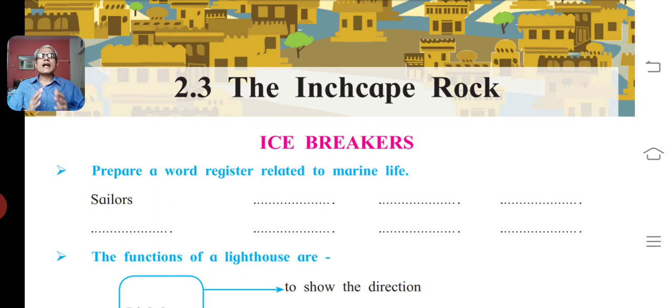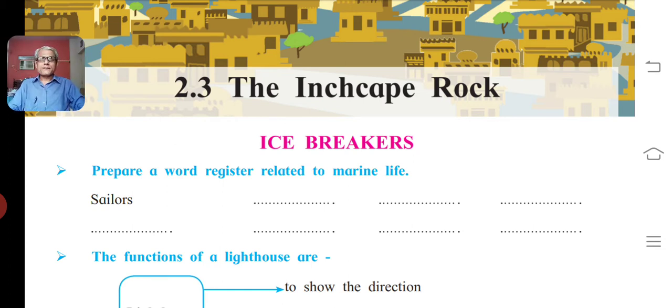Today I will start with a new poem, and that is 2.3, The Inchcape Rock by a very famous English poet, Robert Southey. Friends, today I will discuss the icebreakers of this poem, the introduction of the poet, and the introduction of the poem The Inchcape Rock by the poet Robert Southey.